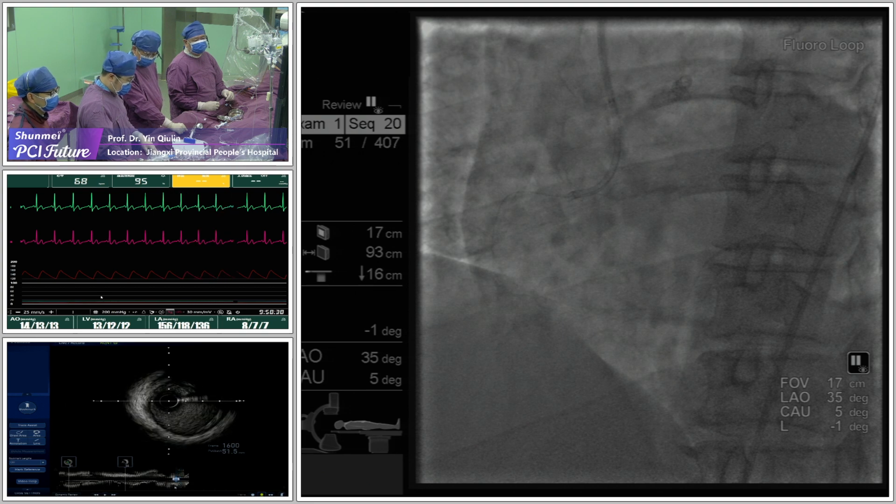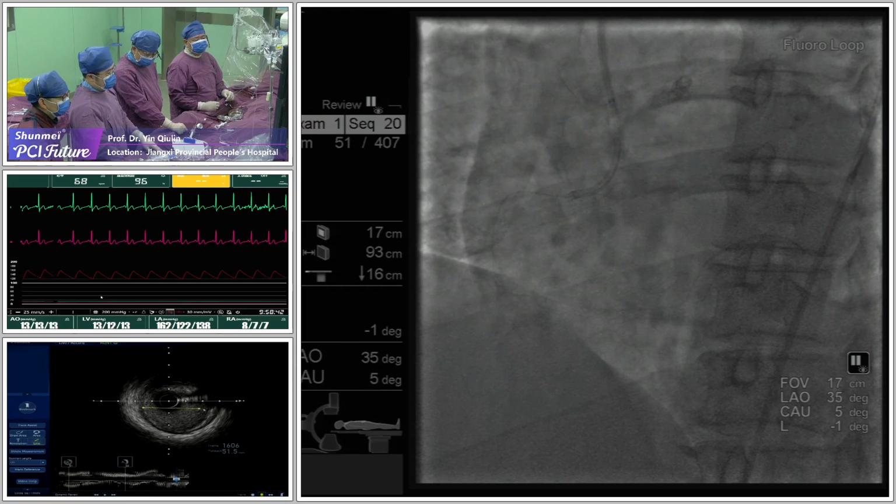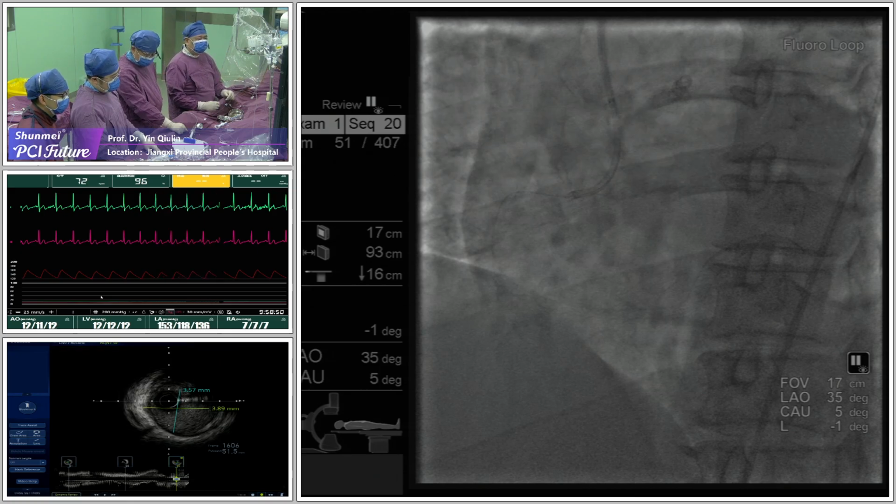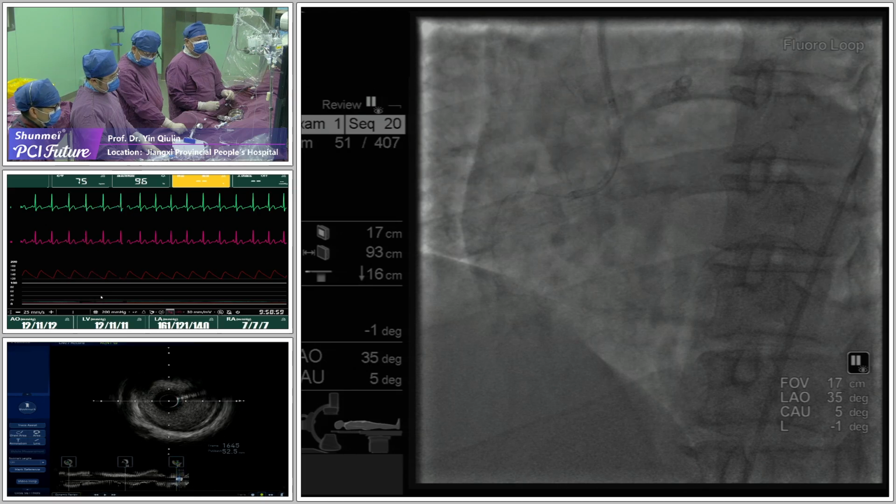Do you think that before you choose the branch, before the injection in the PDA, we should avoid the perforation complication?